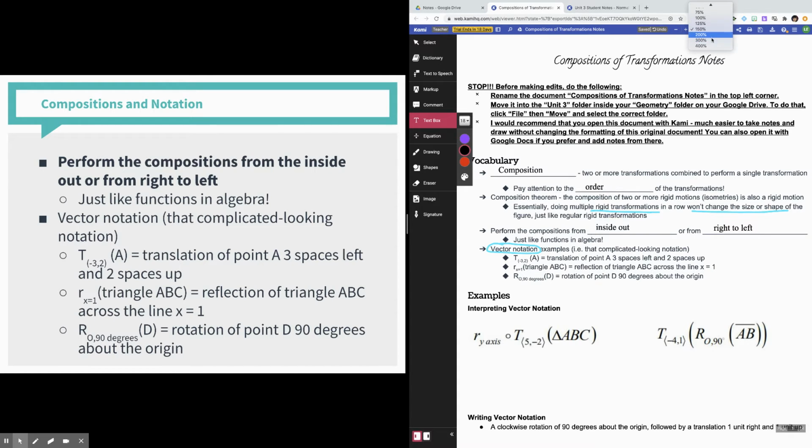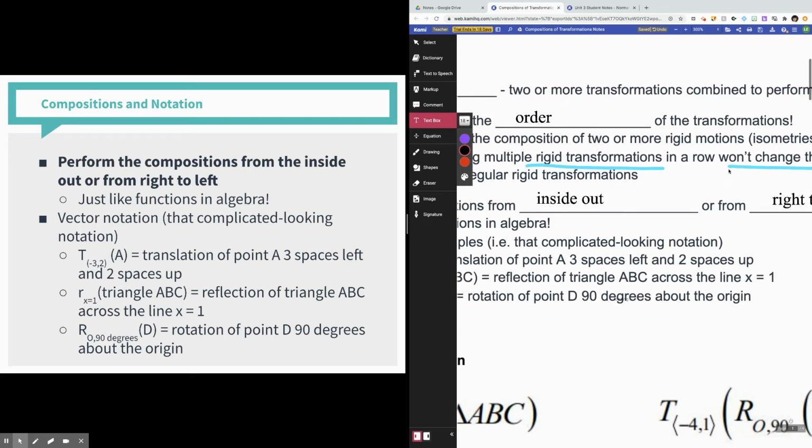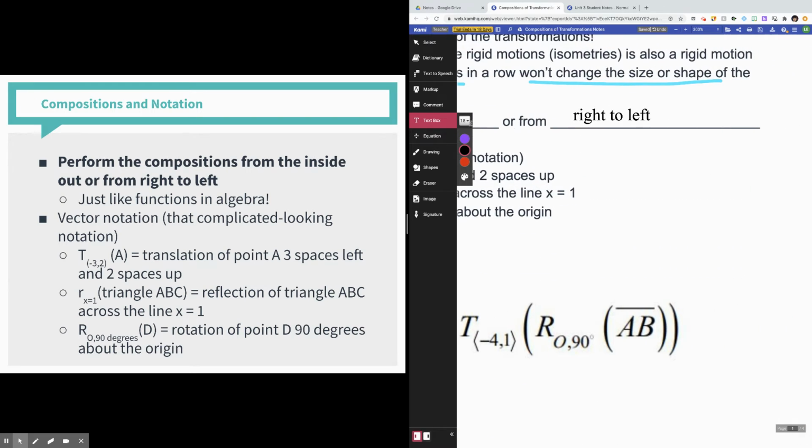So I'm going to zoom in a little bit just so that I have some blank space here on this side. Okay, but I'm hoping that you remember from your algebra classes doing things like this, where they would say f of x equals 2x and g of x equals x plus 3. And then they would ask you, what is f of g of x, right?